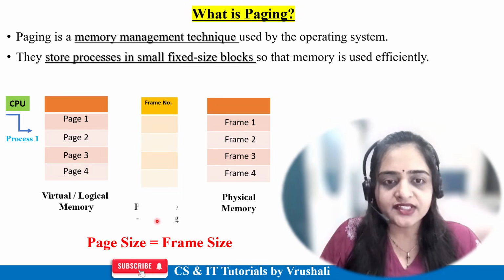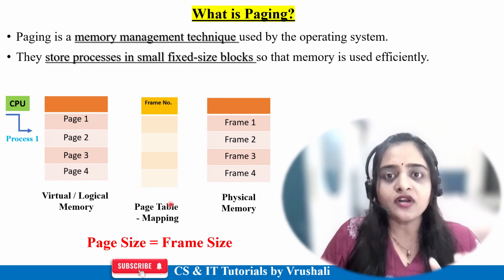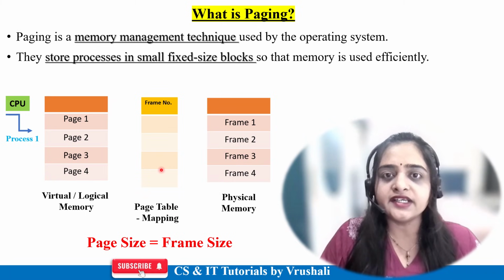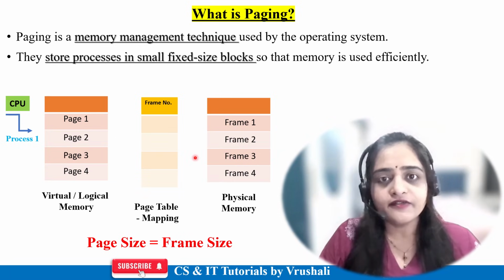Now, in between that, there is a page table. The page table is used for mapping purposes, to convert the logical address into the physical address. See here, the page table always stores the details of frames, meaning which page is stored in which frame.